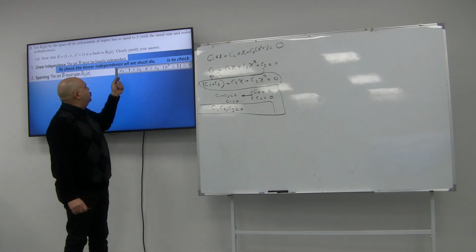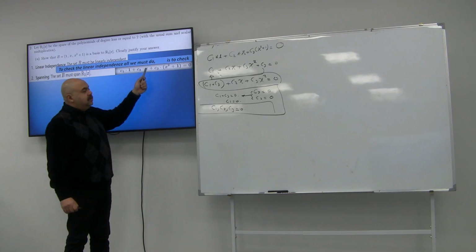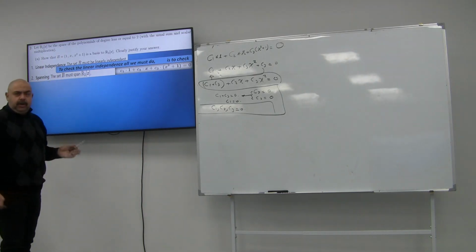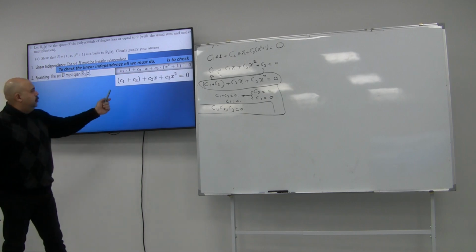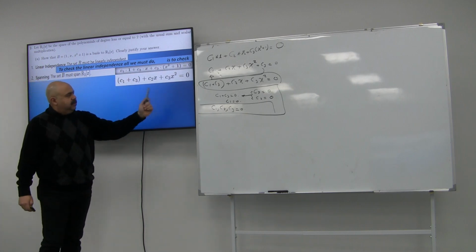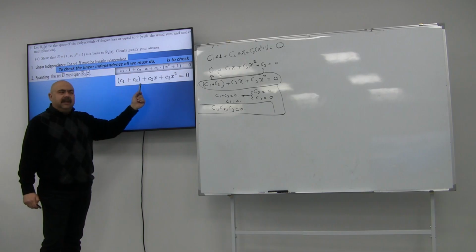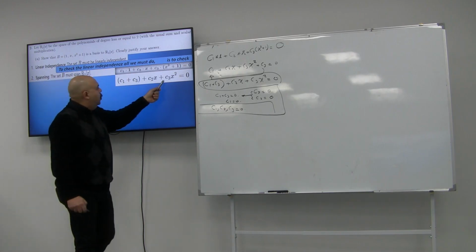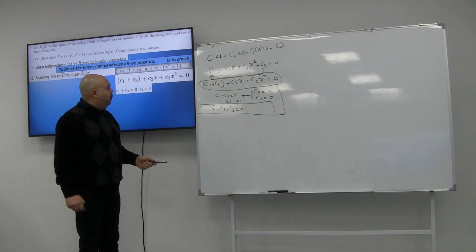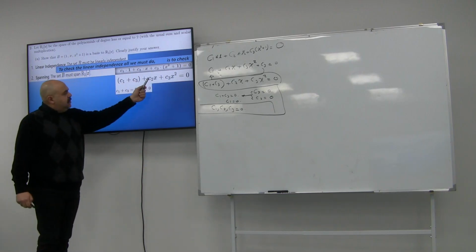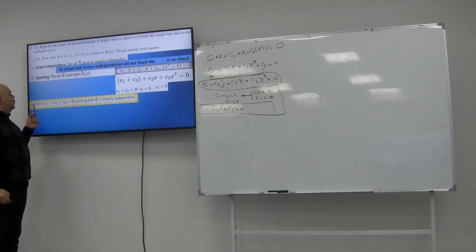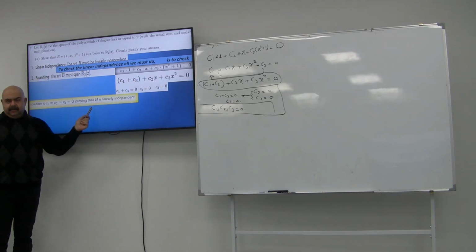If the only solution, that's C1, C2, and C3, the coordinates of this combination, equal 0. And as I told you, I will rearrange them in this manner. Equating a second degree equation with 0 will lead to all these coordinates being equal to 0, which leads to C2 equal to 0, C3 equal to 0, and so on. That's proving linear independence.